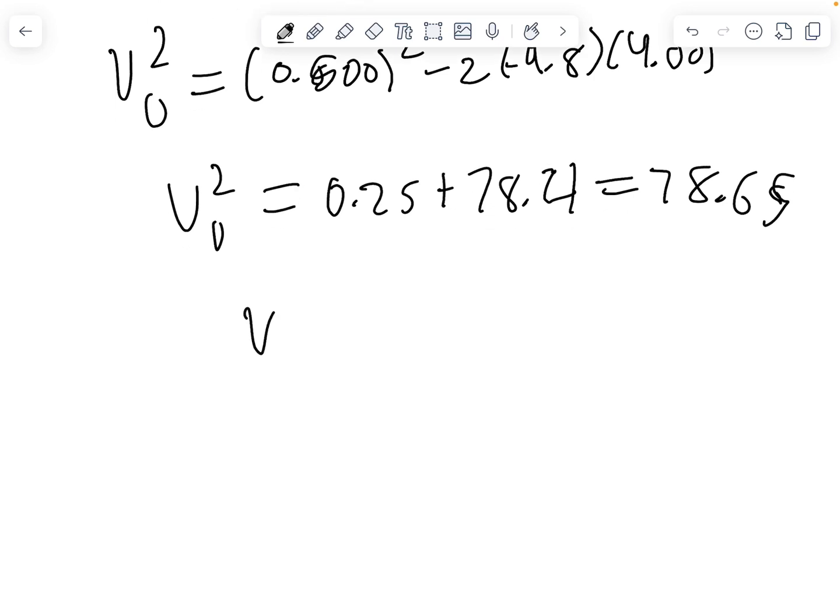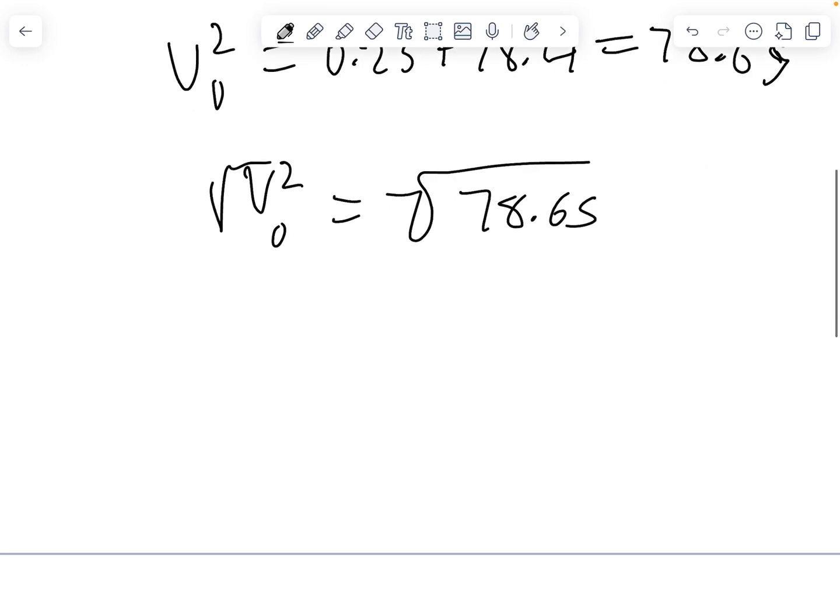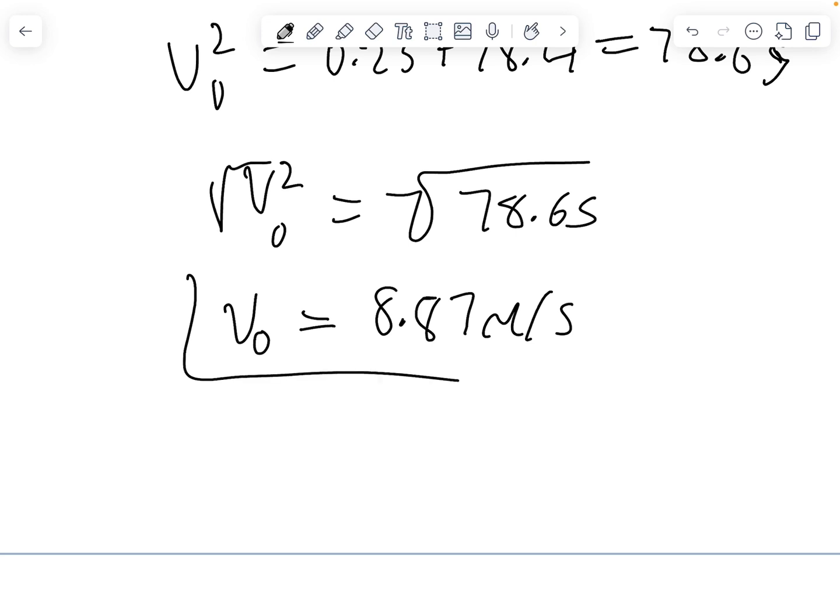But since you want to square root both sides, you want to do v initial velocity equals 8.87 meters per second, and then we're just going to keep it like that since it's positive. So yeah, you just got to use the equations that are given and that you know.